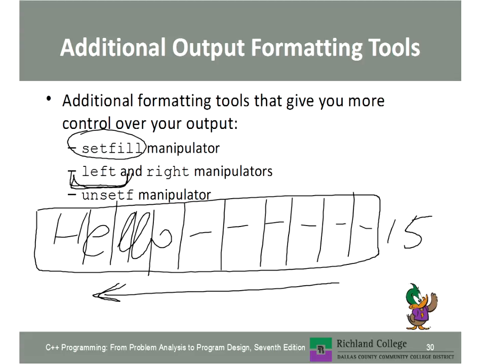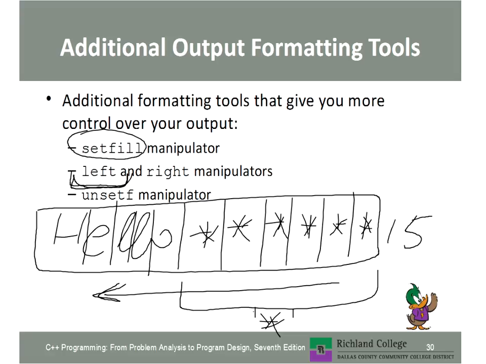That's what we can control with the setfill. With setfill, the leftover space is filled with whatever character we specify. In this case, just a dash. If you want to put an asterisk, then you can set fill to asterisk, and then the space is going to be filled with asterisks.